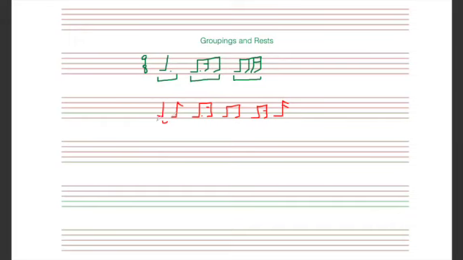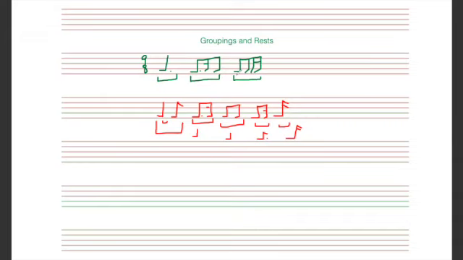Why are these tied and separated? What is this random crotchet doing? There's a crotchet, this is a dotted quaver, and then we've got a random semiquaver on its own. So that would be poor grouping, and that would be an incorrect version. Whereas the top one here, we can very clearly see it's in 9/8 time. We see the 3 beats very clearly in that bar.